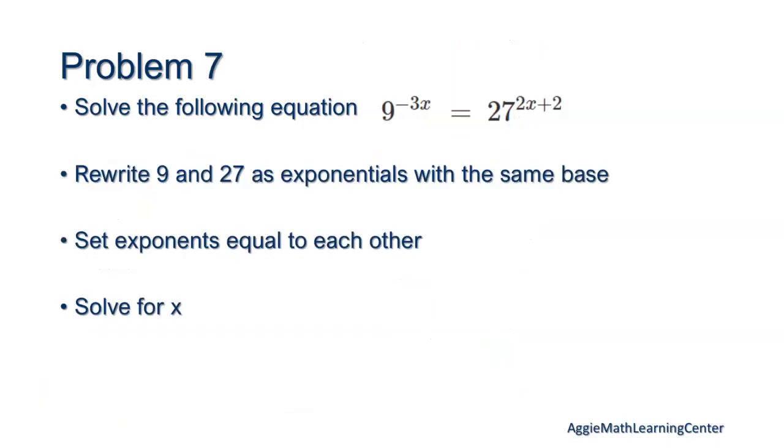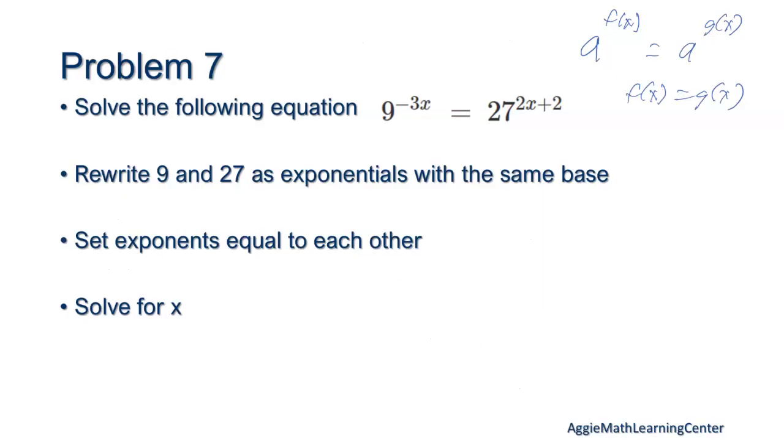Problem 7. This one's going to use that similar property where a to the f of x is equal to a to the g of x, therefore f of x equals g of x. So what we want to do is, we have 9 and 27 as our bases.